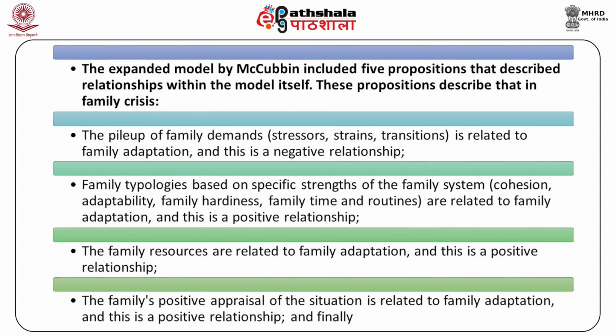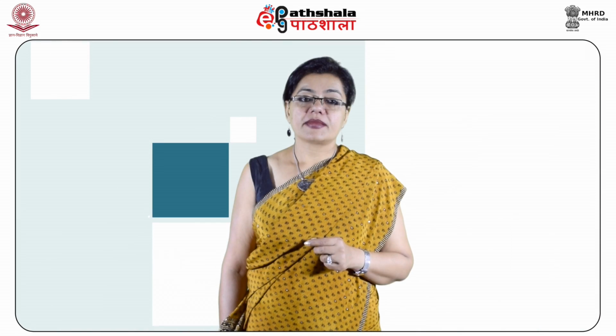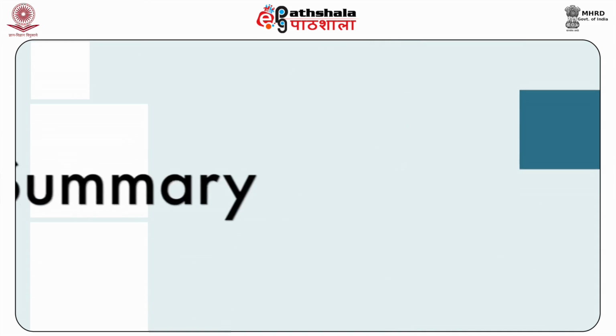Number three, the family resources are related to family adaptation, and again this is a positive relationship. Fourthly, the family's positive appraisal of the situation is related to family adaptation, and this is a positive relationship. And the range and depth of the family's repertoire of coping and problem solving strategies, when employed to manage a crisis situation, are related to the level of family adaptation, and this is a positive relationship.